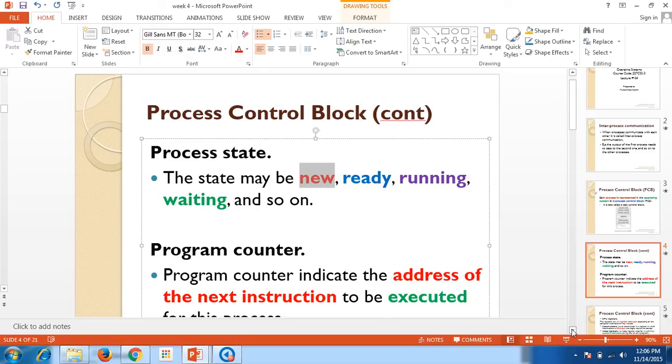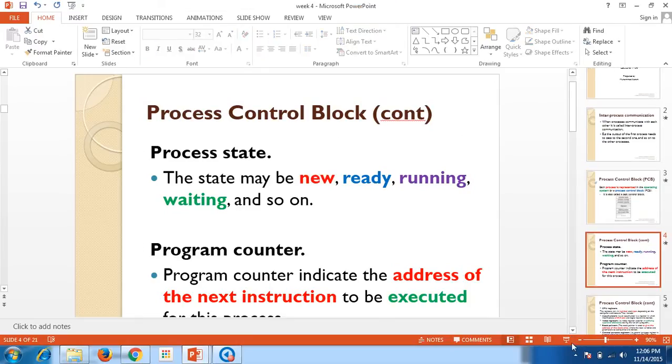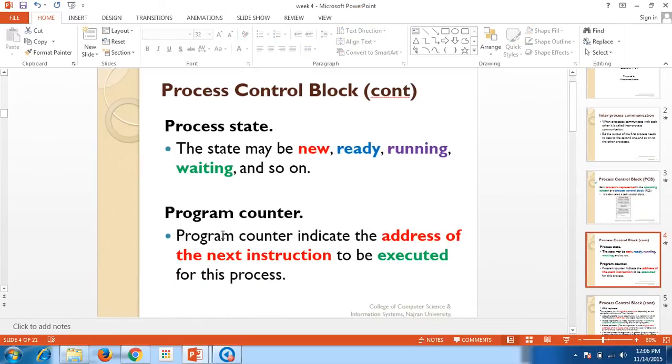Program counter. The second component is program counter. Program counter indicates the address of the next instruction to be executed for the process. This is the same as we discussed in lecture number 3, that a process has some program counter. The program counter has the information about which instruction we have to execute, because the CPU doesn't know; it is just following the instructions.